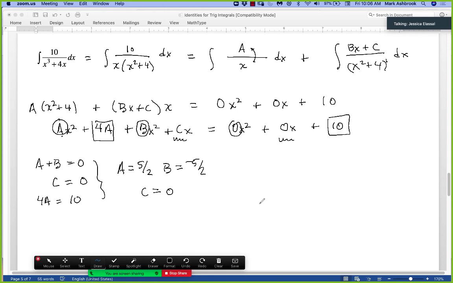I have a question. Yeah, sure. So in the beginning, had there been a third term that required a linear expression in the numerator, would you also have put plus c or a different variable? Oh, you need a different variable for every new fraction. Yeah, so we don't want to confuse. This could be different than that, so you need d.